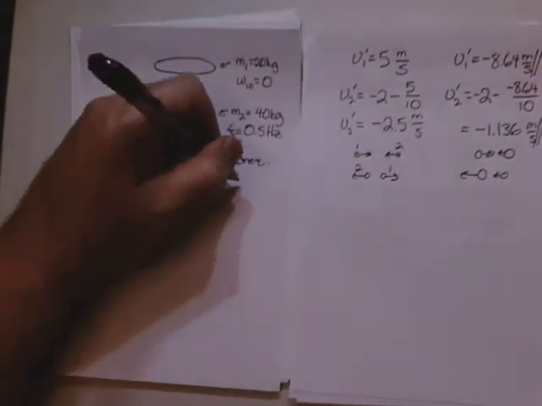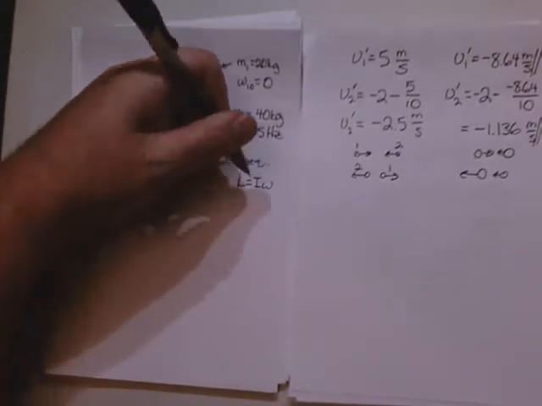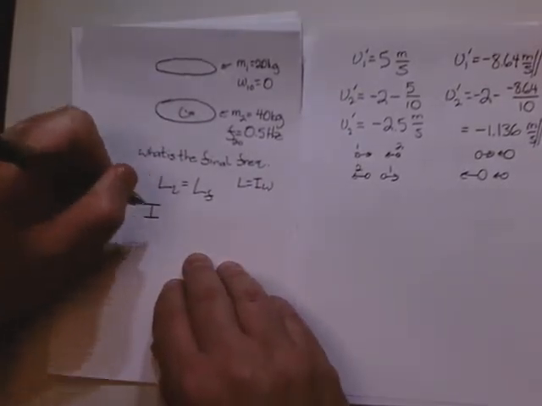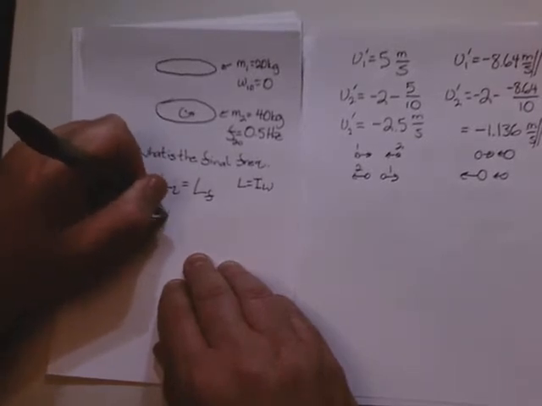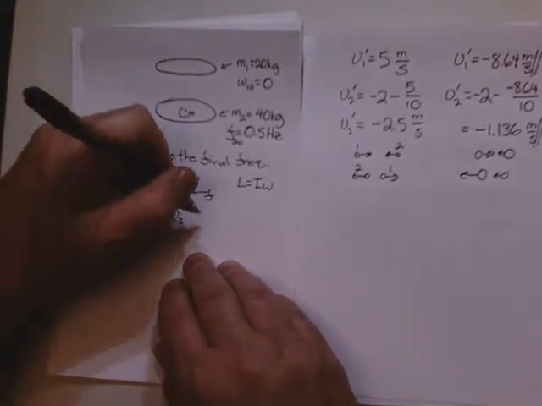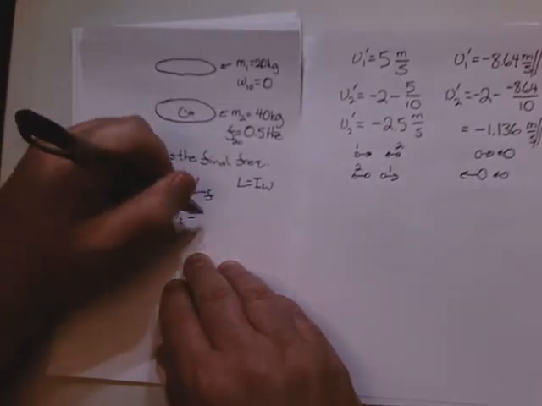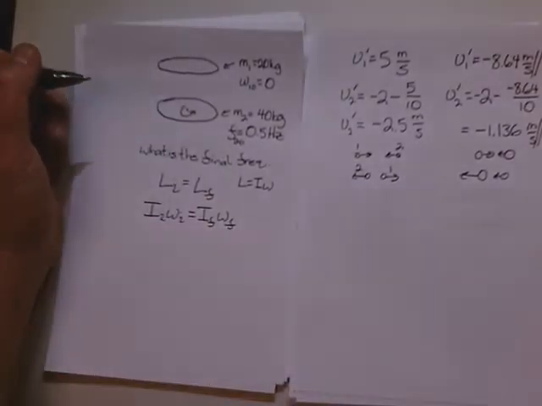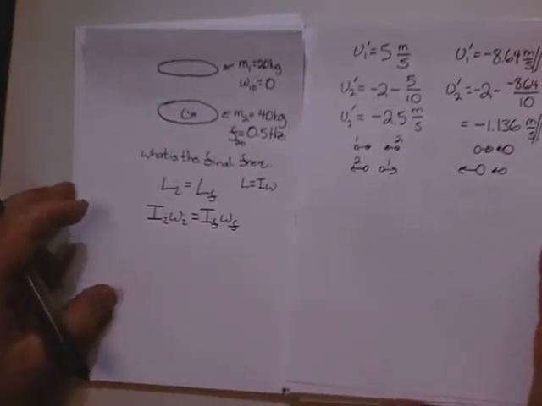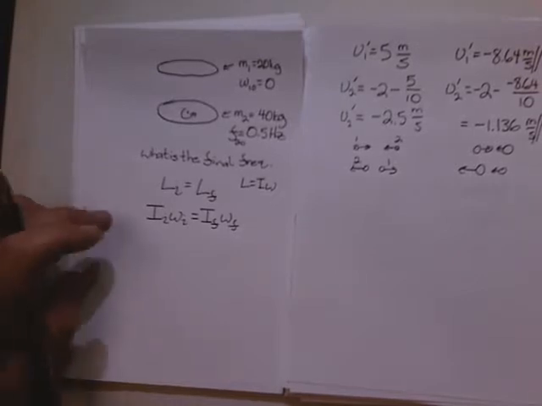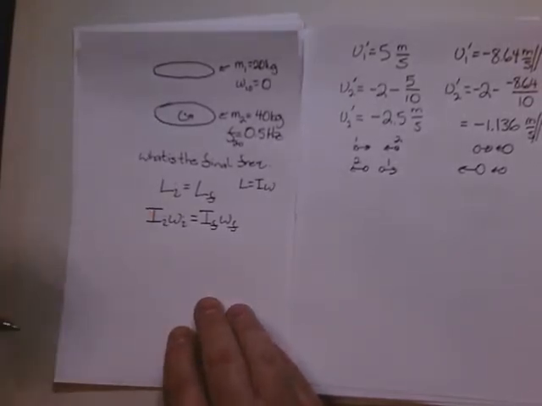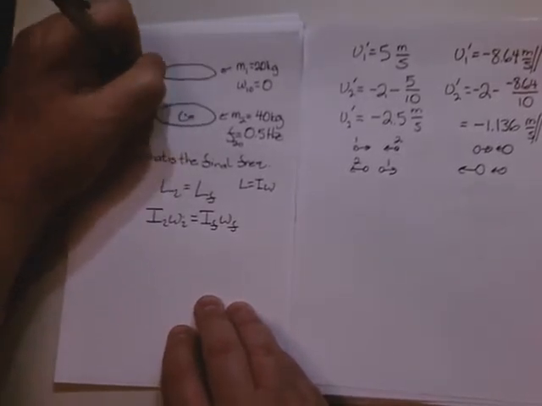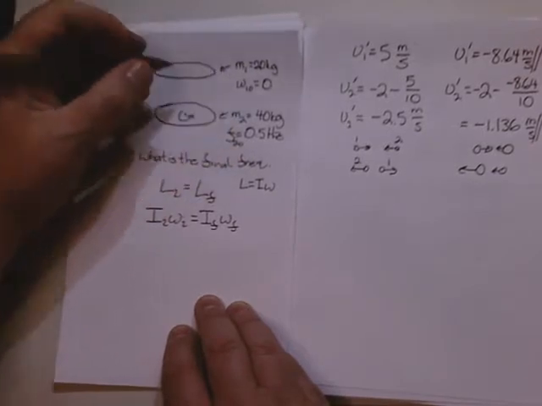Well, L is I omega. So L initial is I initial omega initial. L final is I final omega final. Now I initial is the moment of inertia of just that disk. These are identical radius disks, but different masses.